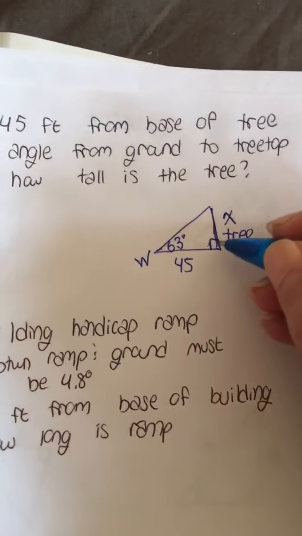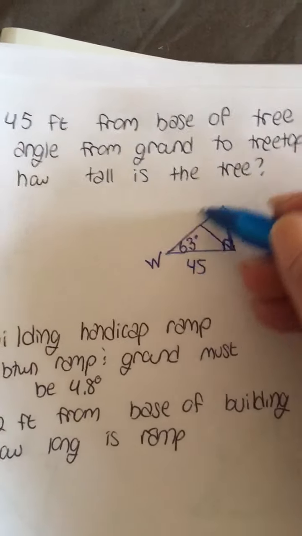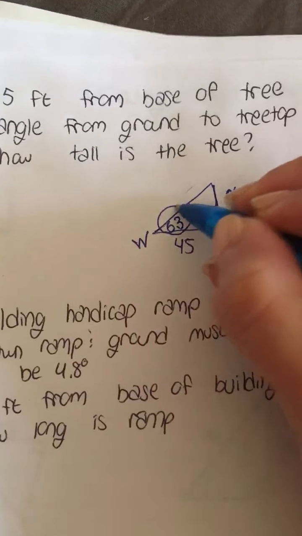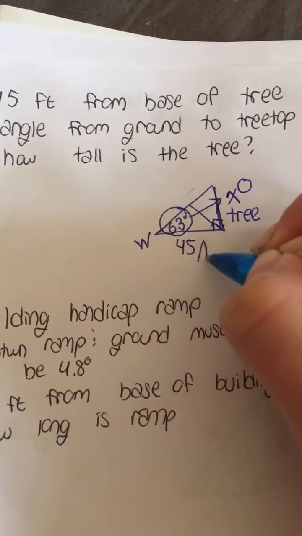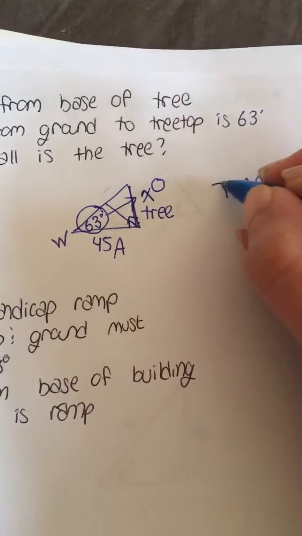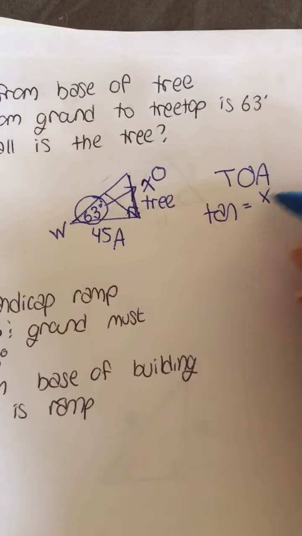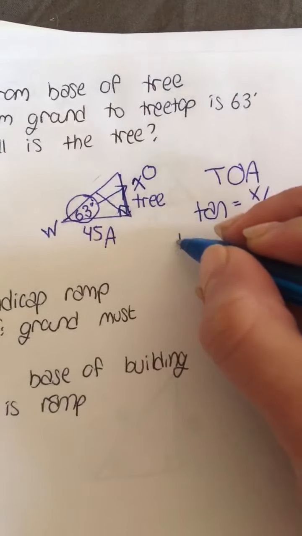So always start with your 90. Across from it would be hypotenuse, but we don't know anything about this. We don't need it in the problem. Don't label it. Then circle your angle. Across from that is your opposite. Left over is adjacent. So here we have O and A. So we're using TOA, which stands for tangent equals opposite over adjacent. Oops, but I forgot to put the angle.